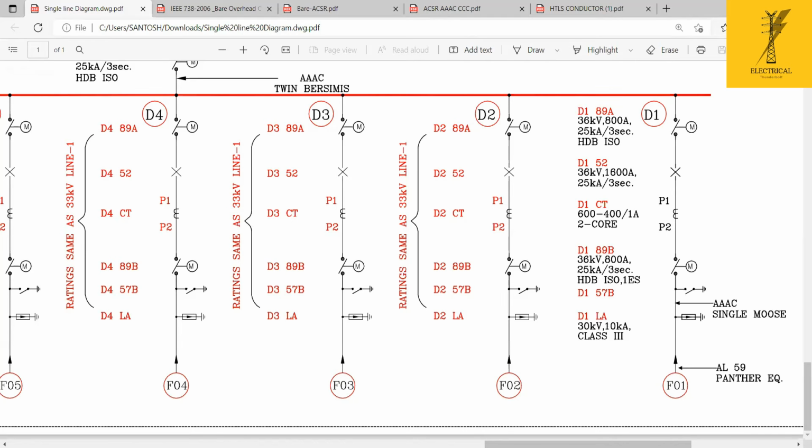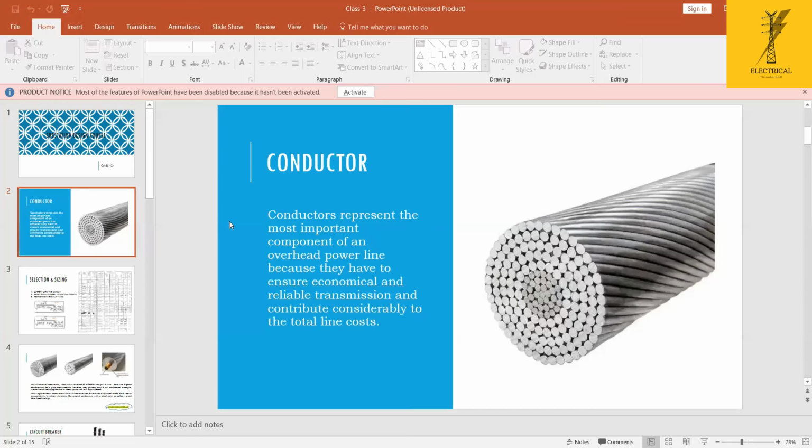Let's go to our presentation, just to have a basic look at the conductor first. So what is a conductor? A conductor represents the most important component of the overhead power line, because it has to ensure economical and reliable transmission and contributes considerably to the total line costs.